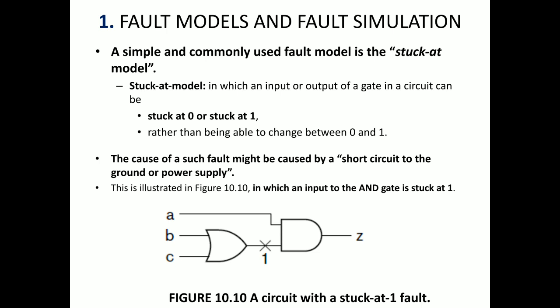We'll take the figure 10.10, showing an OR gate and an AND gate, which is A ANDed with B OR C. In that, the output of the OR gate is stuck at 1, meaning somehow the output of the OR gate remains 1 for all the time of the simulation.